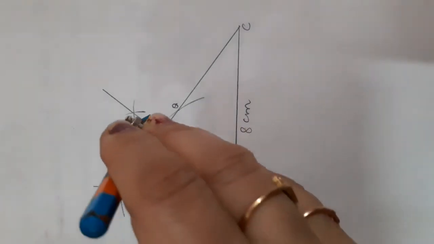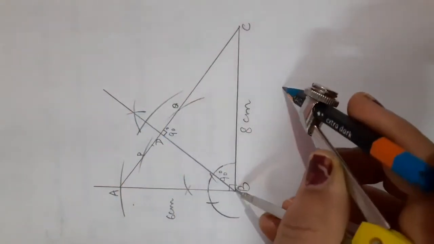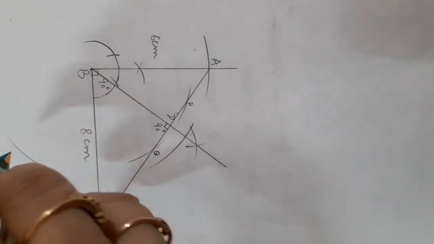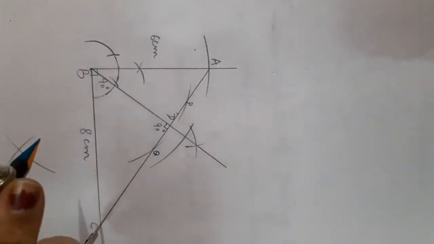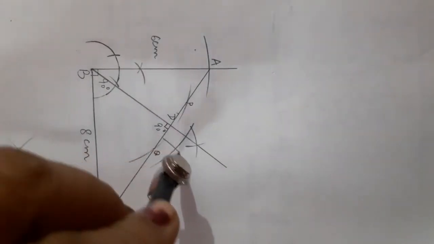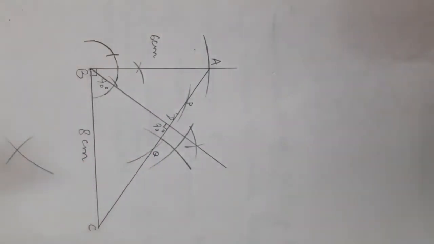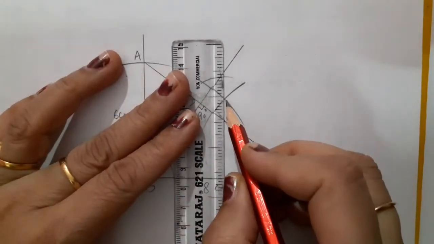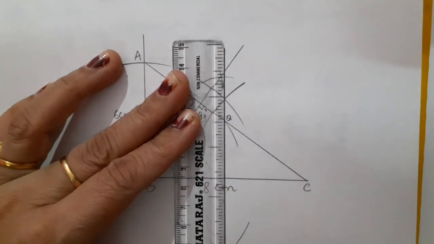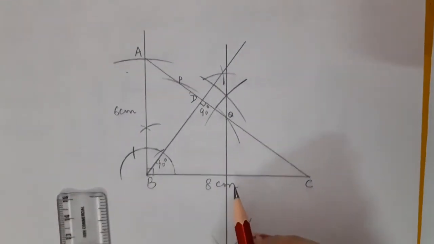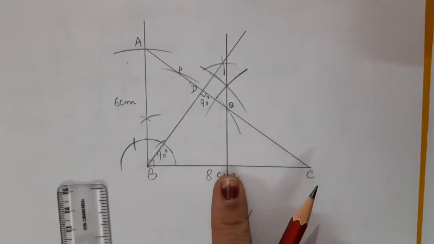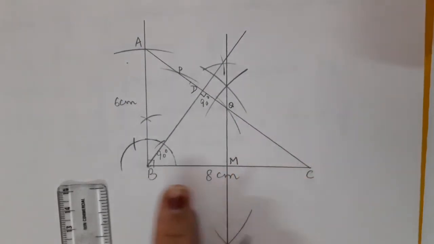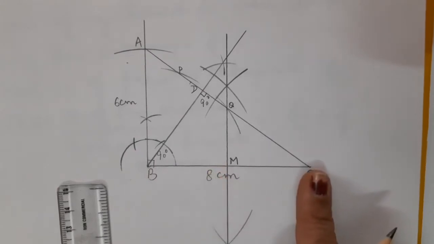So while taking B as center point, I have drawn two arcs, and while taking C as center point, I am just going to draw two more arcs, which would cut the previous arc. So children, now I am going to join them. Fine. So through this I have got one center point. Let it be point M. So we can say that BM is equal to MC.